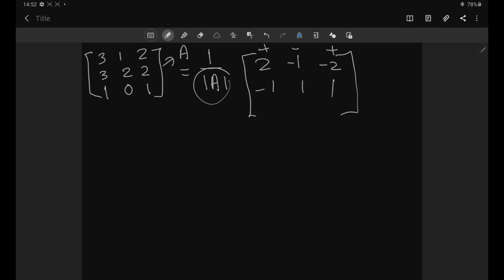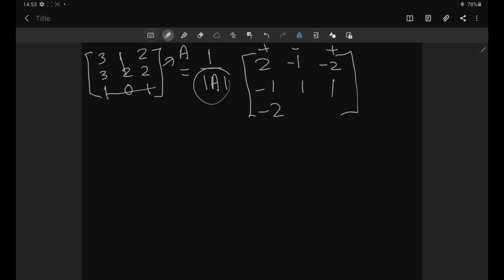And then the last one, the third column in the first row: 1 times 2, 2. 2 minus 2 times 2, 4. So 2 minus 4 equal to -2. Okay. So here -2.